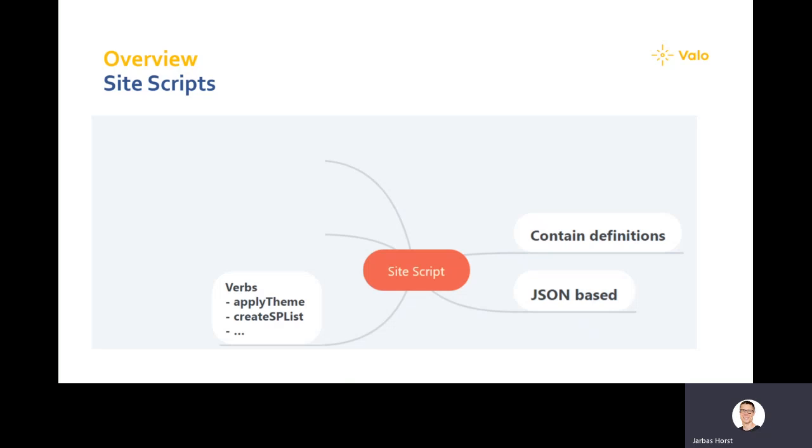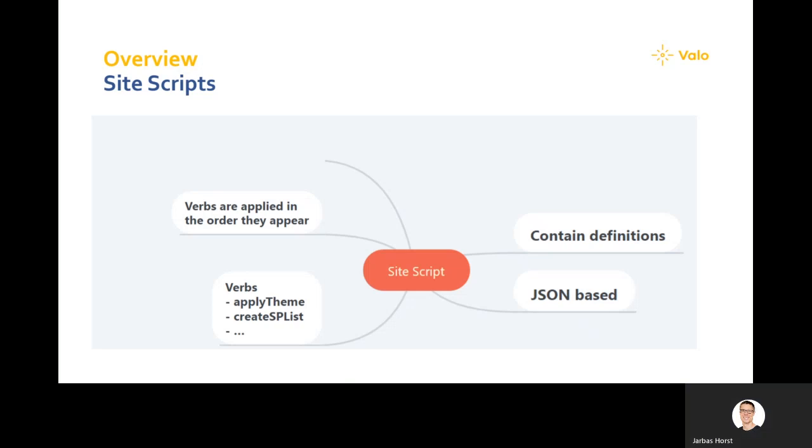In the JSON file, I have verbs, also called actions. So here you can see the apply theme verb and the create SP list verb. There are a lot of other verbs. I'll give you a short overview about all the supported verbs in another slide.